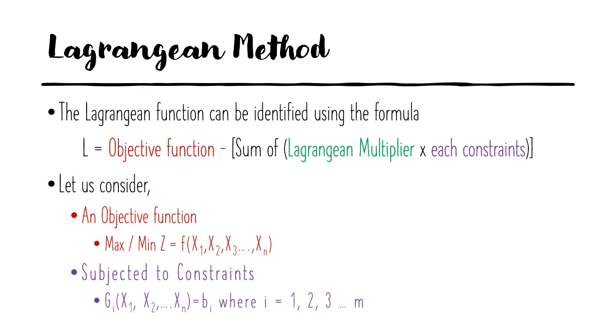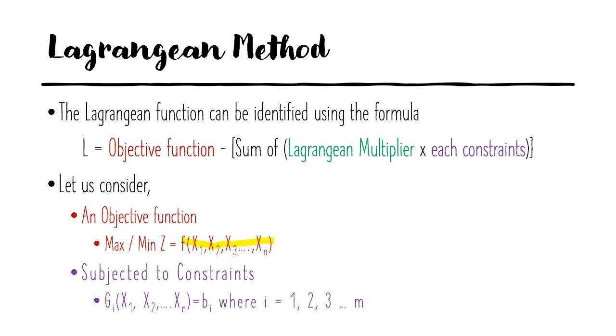It may be a maximization or a minimization problem. It is a function of x1, x2, x3 up to xn, which indicate your variables. For example, if you have two variables, you will have x1 and x2. If it is 3, you may have x1, x2 and x3.